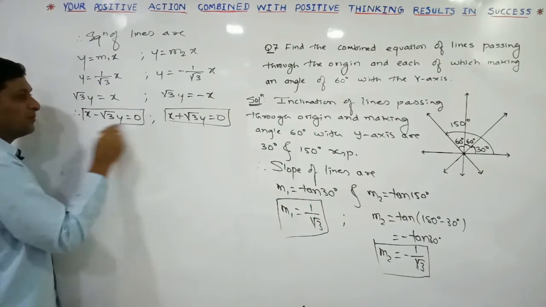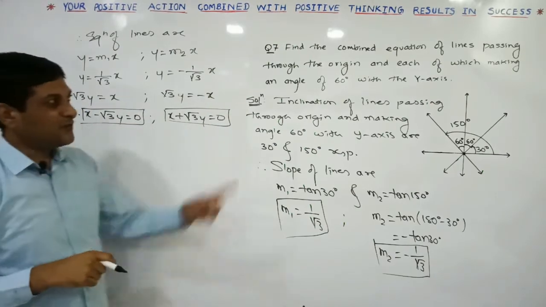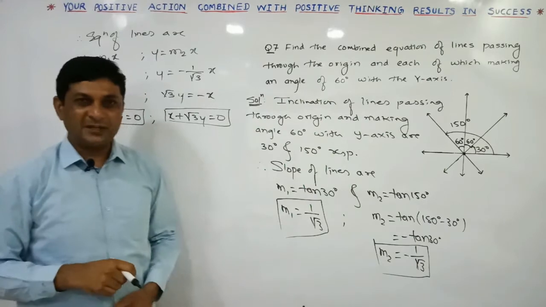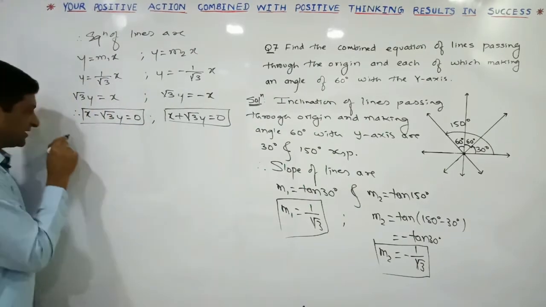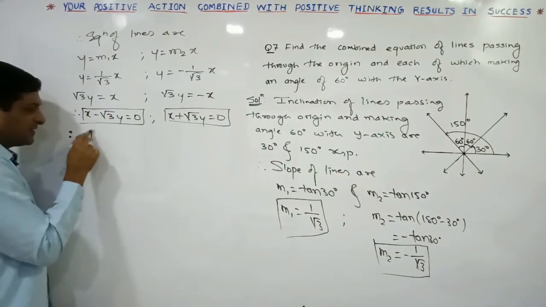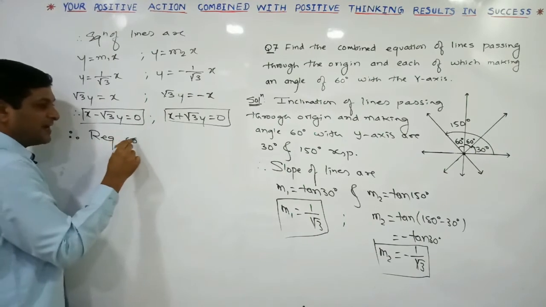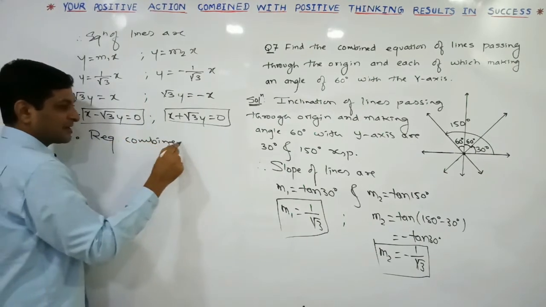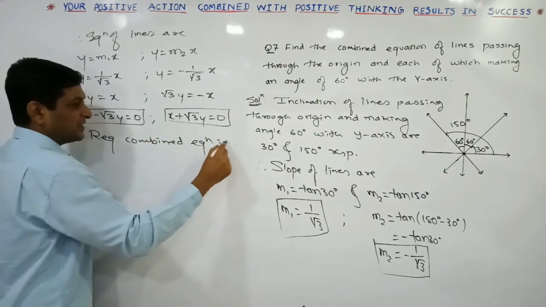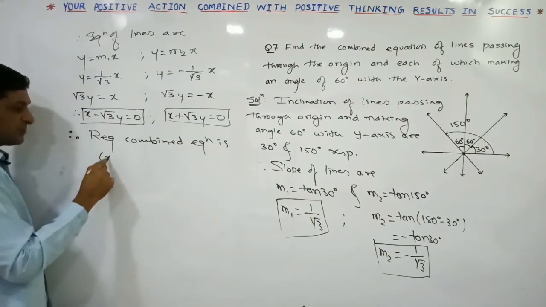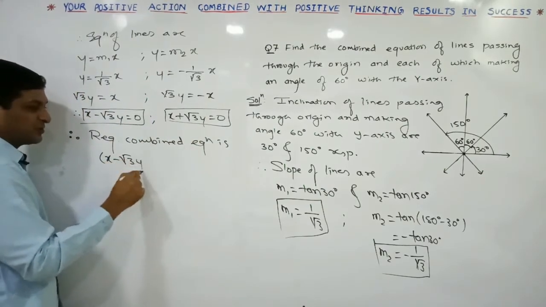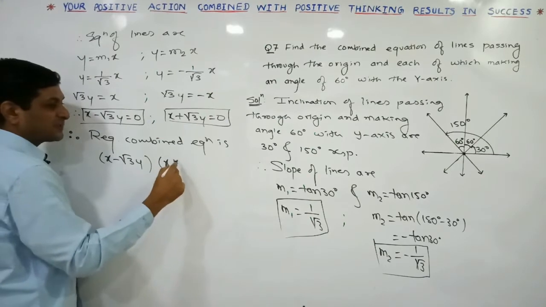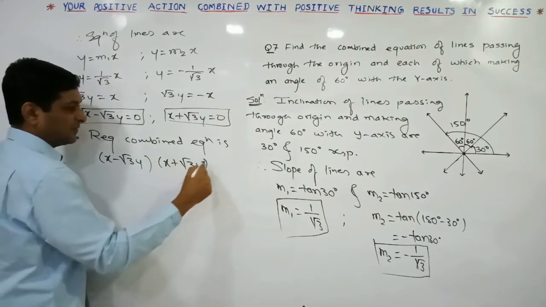Once the equation of both the lines is known to us, to find out combined equation we have to take their multiplication. So we can say that therefore required combined equation is, just simply take the multiplication of these two equations, x minus root 3y into x plus root 3y is equal to 0.